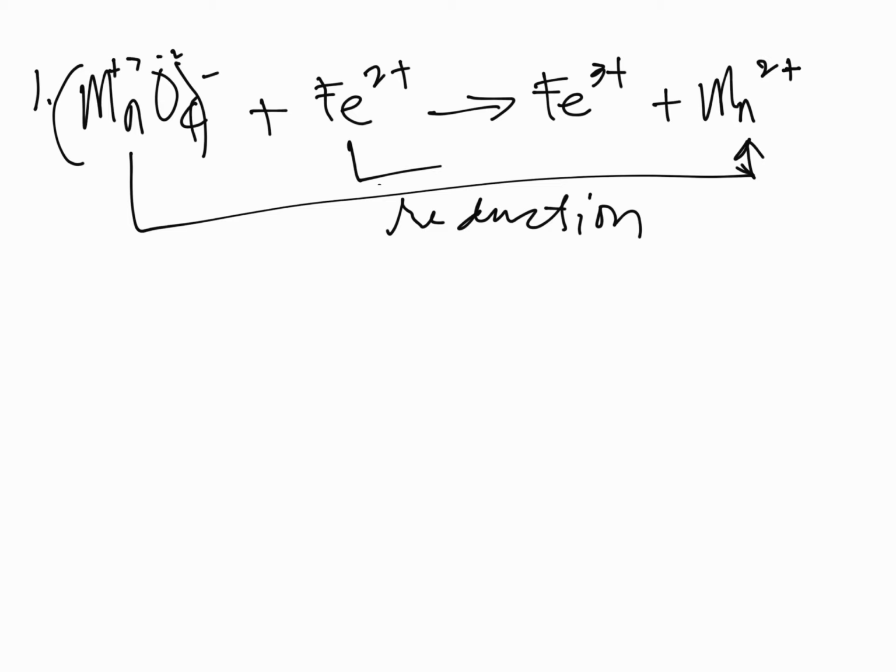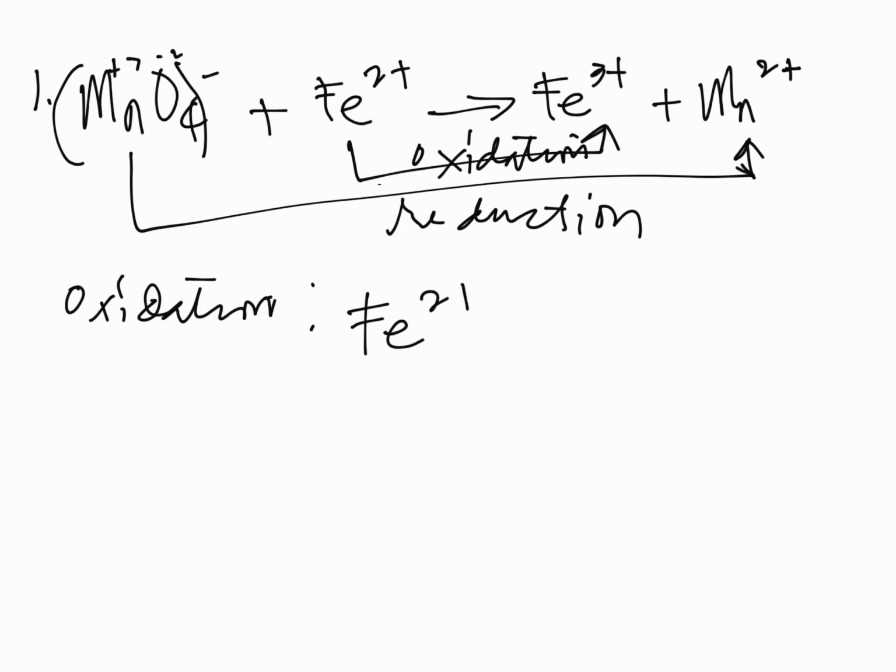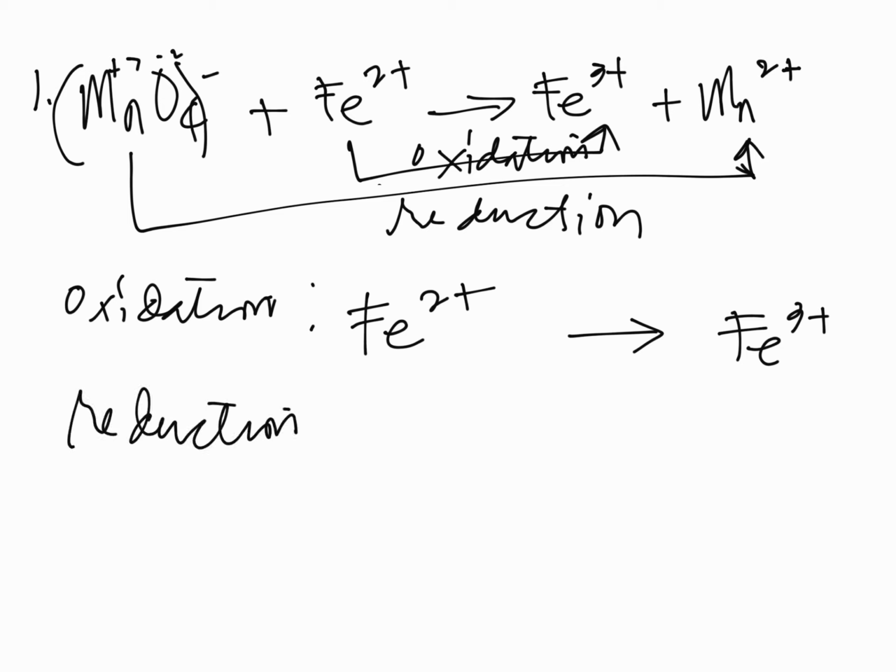And Fe from +2 became +3, that means this is oxidation. So you're going to put it in its half reactions. The one that is oxidizing is Fe2 plus, then the product is Fe3 plus. The reduction is Mn plus 7 O4, or we just remove the charge for Mn.